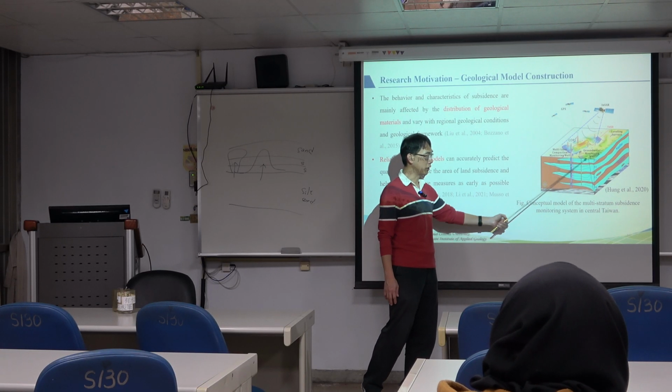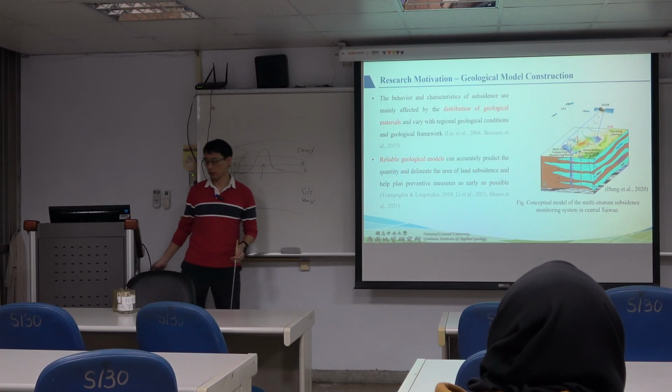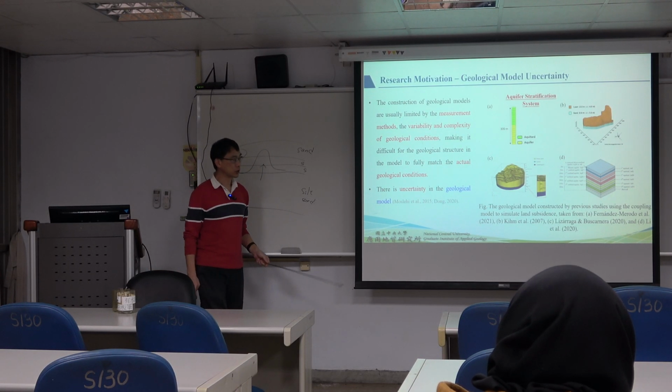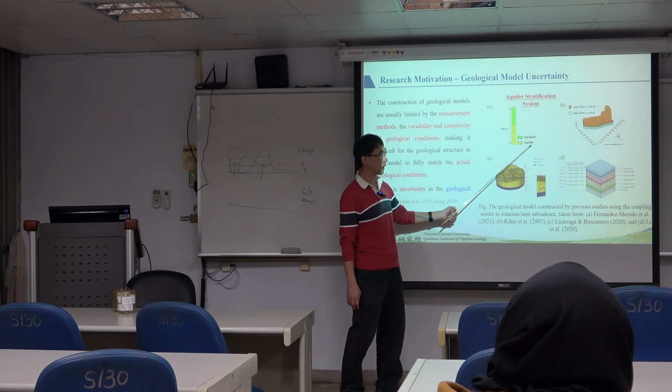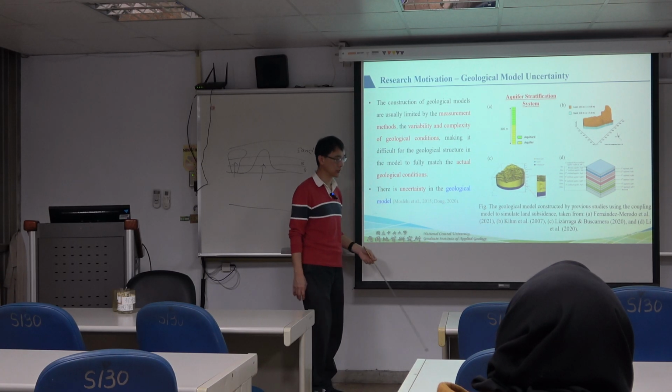This is a relatively ideal case. But from the previous part, we know that it's not really like that. And in the past, a lot of researchers also published coupled models using ideal conditions, a very perfect layer system, to do the assessment.